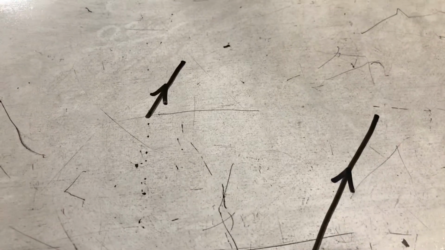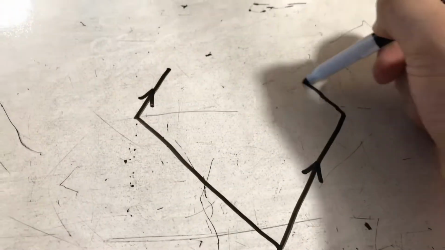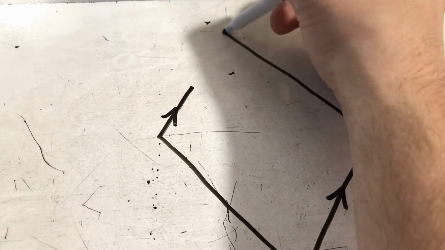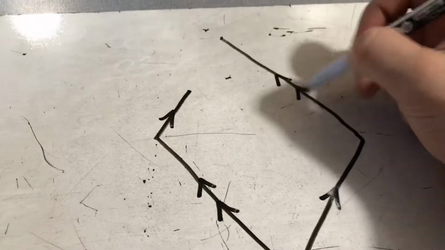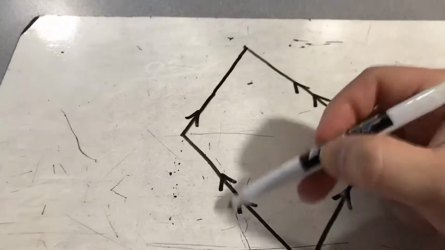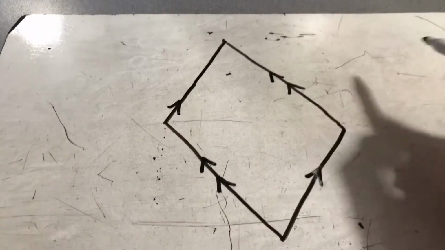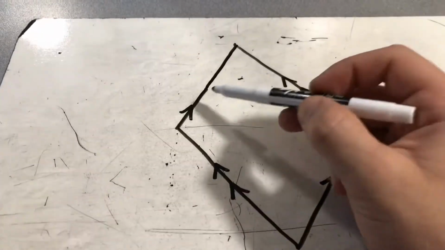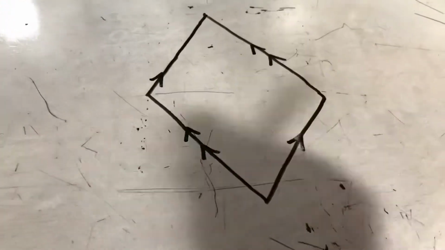And I'm going to draw a line connecting here, but I'm also going to make that same line over here, trying to draw it where it looks like they are going in the same direction. I'm going to draw two lines here, two arrows, signifying that they are in fact parallel with each other. And I just had to connect that little side right there. So this is a parallelogram. You have these sides are parallel, and then these sides are parallel.